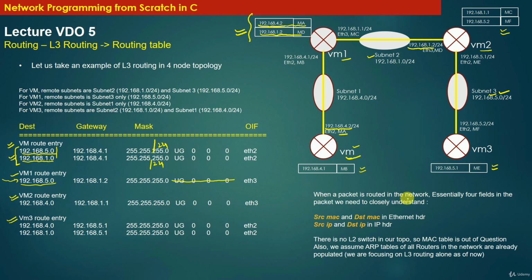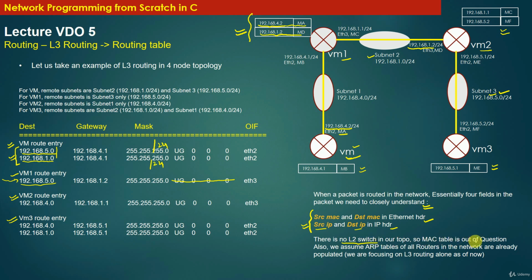When a packet is routed in the network, essentially there are four fields in the packet we need to closely understand. What are those fields? The source MAC address and destination MAC address present in the Ethernet header of the packet, and the source IP address and destination IP address present in the IP header of the packet. So these four fields determine the path of a packet in the network. You can see that in this topology we have not deployed any L2 switch, right?